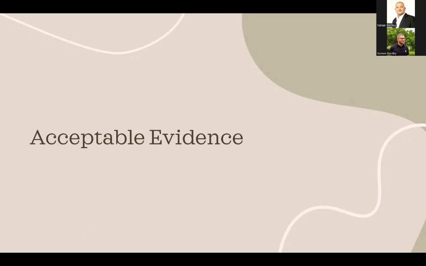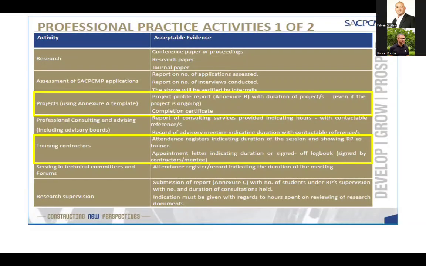Now we're going to cover acceptable evidence. I've highlighted the activities and acceptable evidence which is easily attainable, mainly due to the fact that there are specific activities that are out of reach and inaccessible for some registered people.